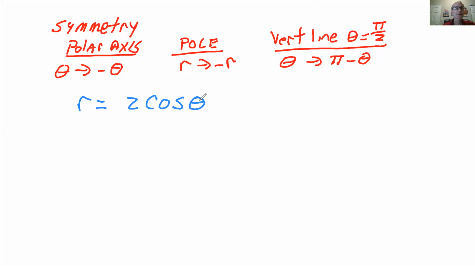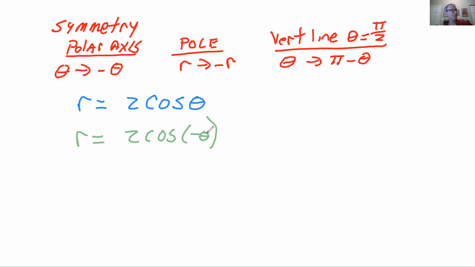And let's take a look at the polar aspect of the symmetry, the polar axis. And so what you want to do is replace theta with minus theta. And the question is, if the equation stays the same, then it's symmetric around the polar axis.